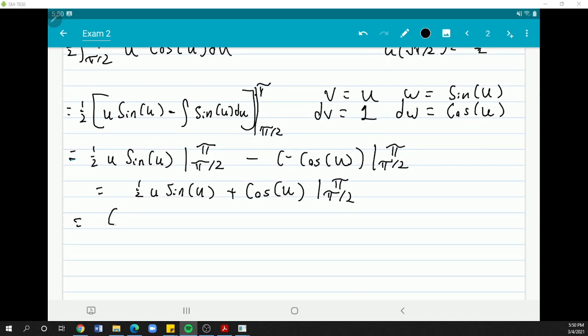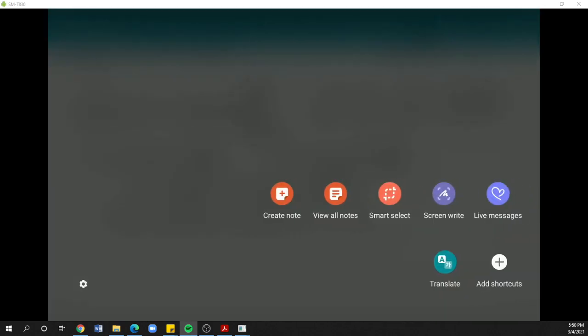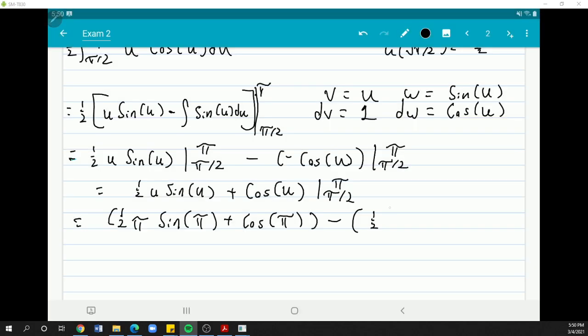And so I get 1/2 pi sine of pi plus cosine pi, minus 1/2 pi over 2 sine of pi over 2 plus cosine of pi over 2.